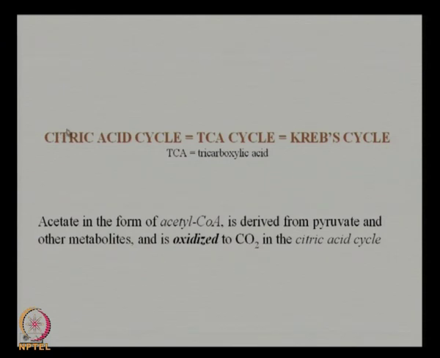It has to be transported from the cytoplasm to the mitochondria, and the first product is the 6 carbon compound citric acid. This cycle is otherwise known as the citric acid cycle or the tricarboxylic acid cycle, and as it was discovered by the scientist Krebs, it is also known as the Krebs cycle.